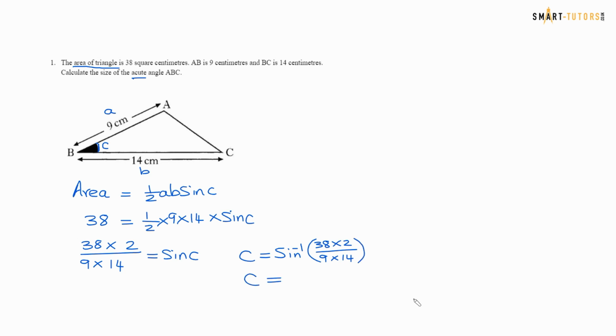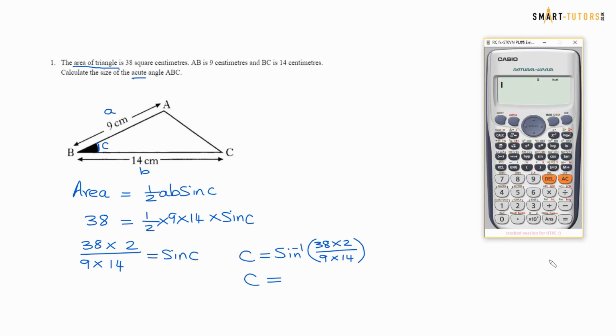So let's open the calculator, and this is sine inverse. Make sure you press shift and sine, which is sine inverse. This fraction button gives you a portion by portion denominator and numerator. So you can press 38 times 2, below is 9 times 14, then close the bracket.